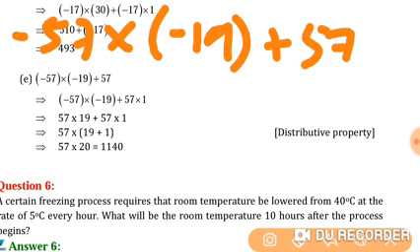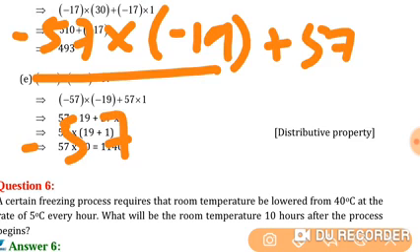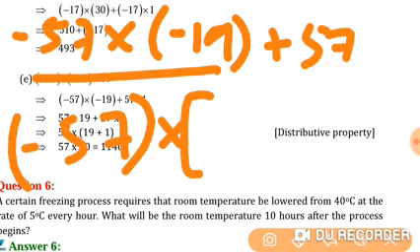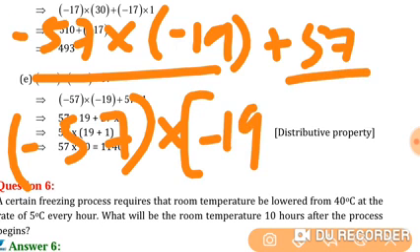See, 57 two times means if I choose 57 outside, then with multiplication the bracket is remaining with 19 in this term and, in this other term, may I write into 1? Yes, of course, 57 into 1.